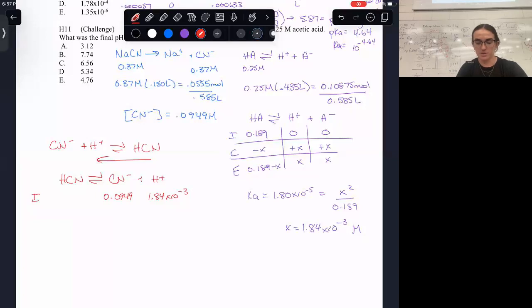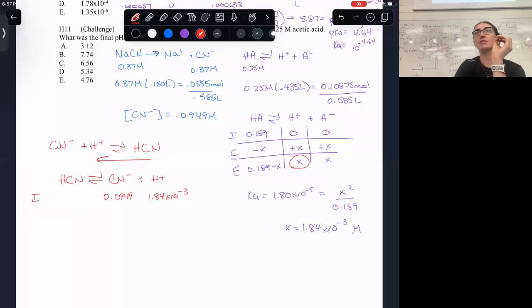But if H plus is getting used, what's going to happen to our acetic acid equilibrium? What does equilibrium concentration turn into if we use up all of our H plus? 0. Yep, it turns into 0.